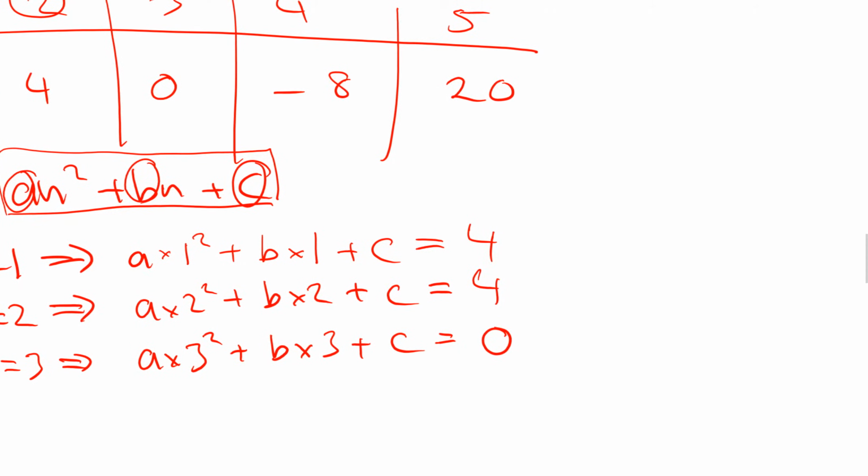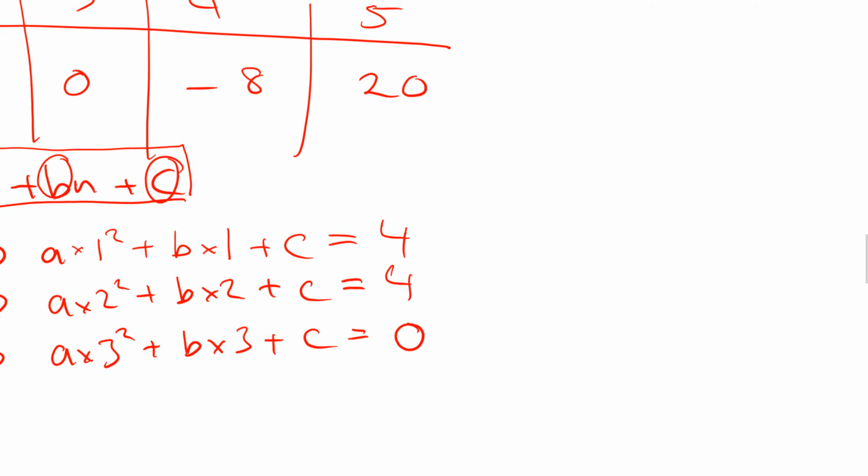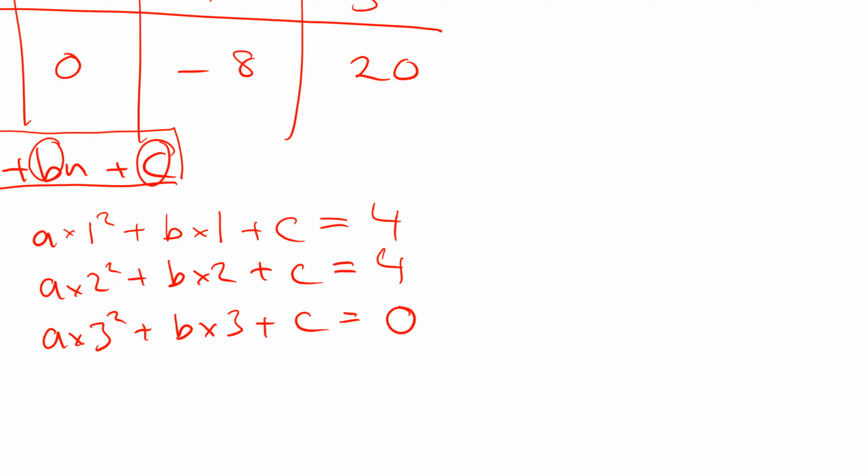So let me simplify the first equation. I said A times 1 squared. 1 squared is 1. 1 times A is A. Plus B plus C. Can you see how I did that? Equals 4. And you tell me the next one.